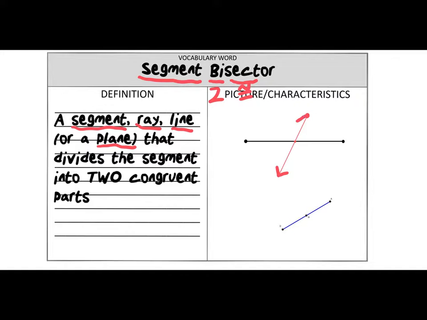And if it were a line, it'd have 2 arrows, 1 on each end. So if I'm going to name it, I'll name it line L for right now. Then line L is known as a segment bisector.